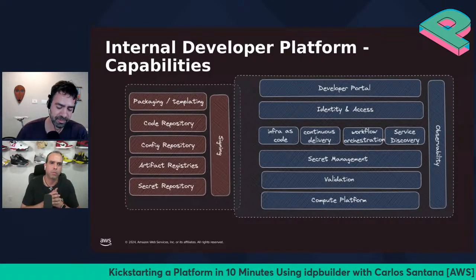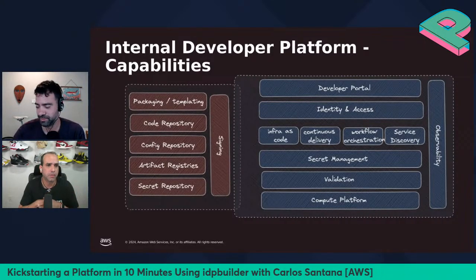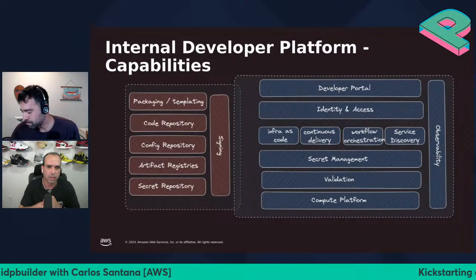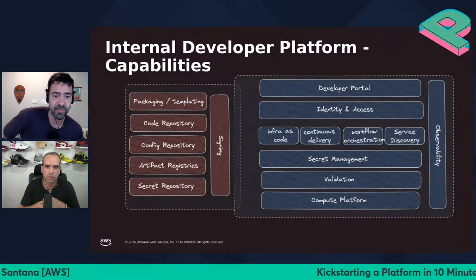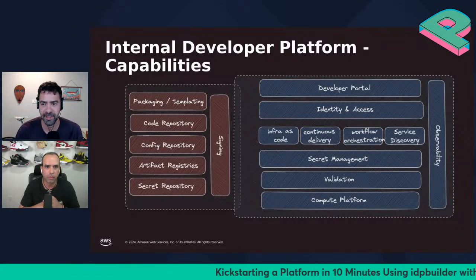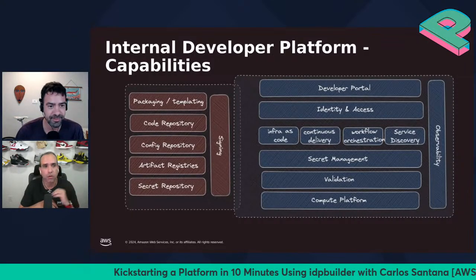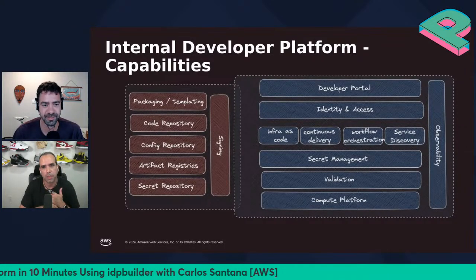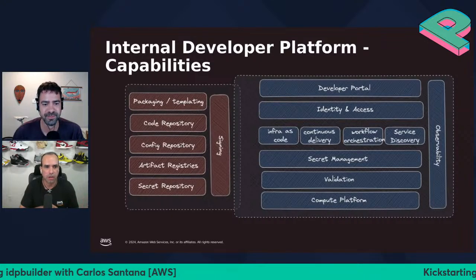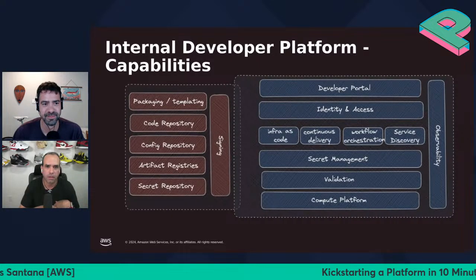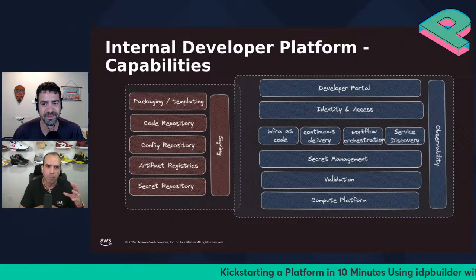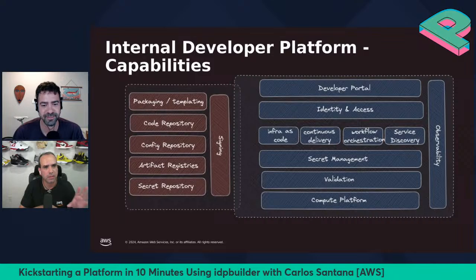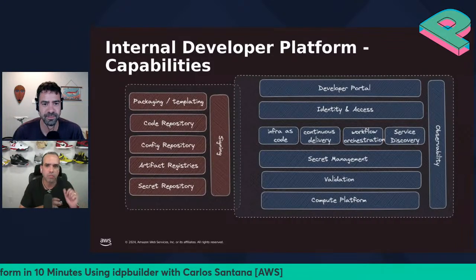Like Guy said, I'm a solutions architect specialist for EKS, and my team and others have been working with customers on this concept of internal developer platforms, which may or might not include a portal, right? And that we'll also be talking about today with Backstage. But the capabilities are around the developer mindset of getting self-serve, like autonomy to have things done by themselves, but with guardrails from a platform team.